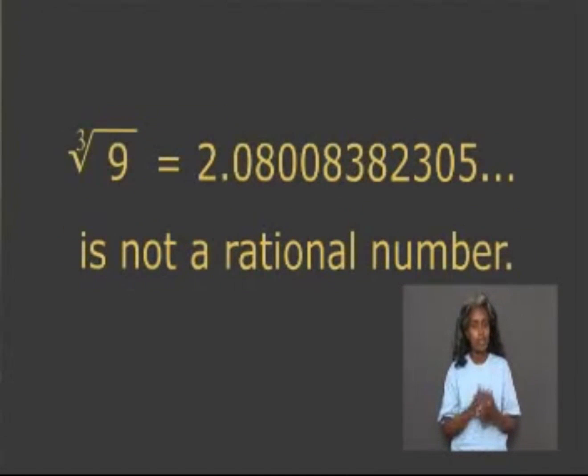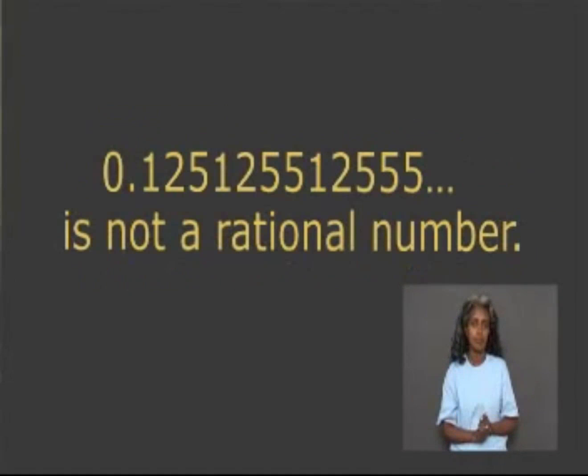Likewise, D is not a rational number. What about F? This decimal has a pattern that neither repeats nor terminates. It is not a rational number.